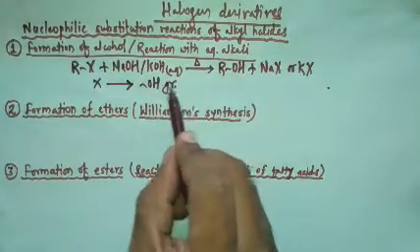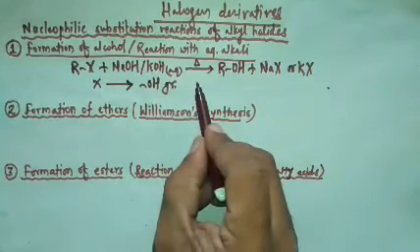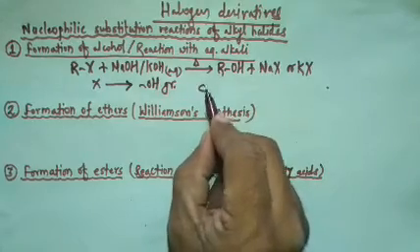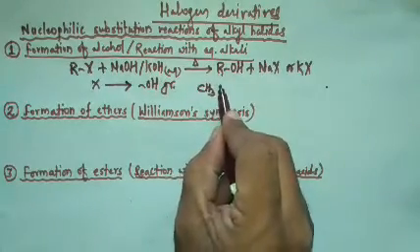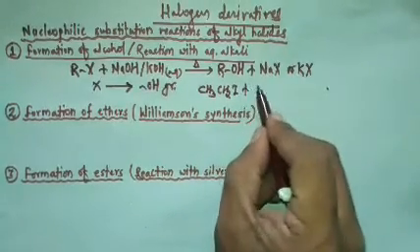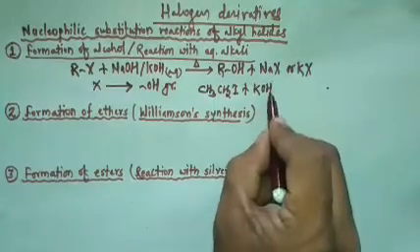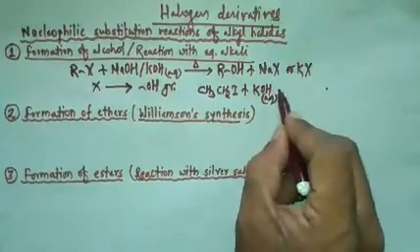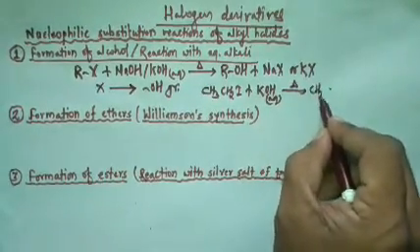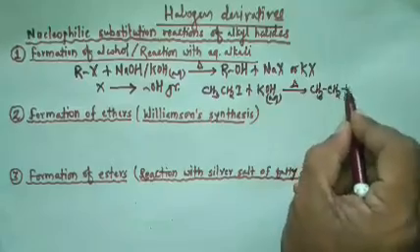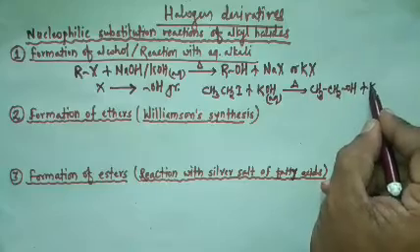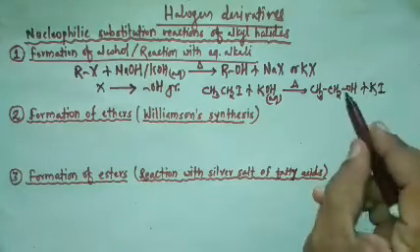So let's study one example. When ethyl iodide, that is CH3CH2I, is heated with aqueous alkali like KOH, then it gets converted into ethyl alcohol, and here the byproduct is potassium iodide.